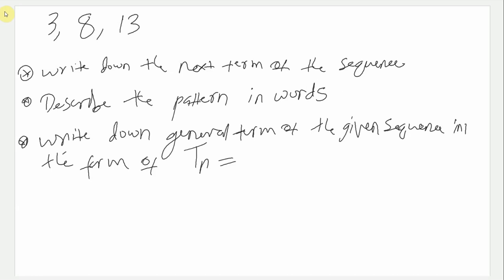So let's look at this question. In maths, you must always read and understand the questions. Do not just start to answer without understanding what is going on. We are given a sequence here. Since we are working with a linear equation, obviously this sequence is linear, but you must always make sure that it is linear. The first question says write down the next term.